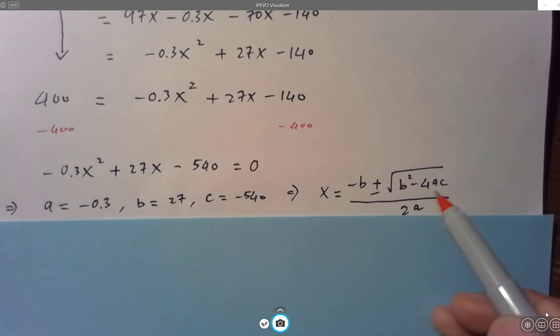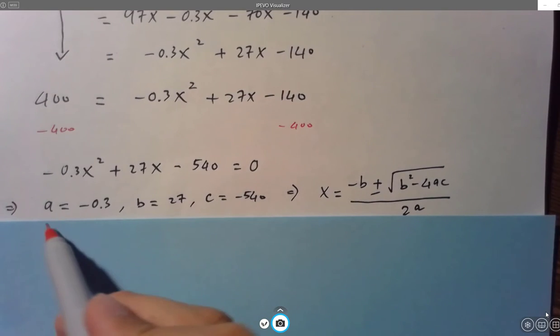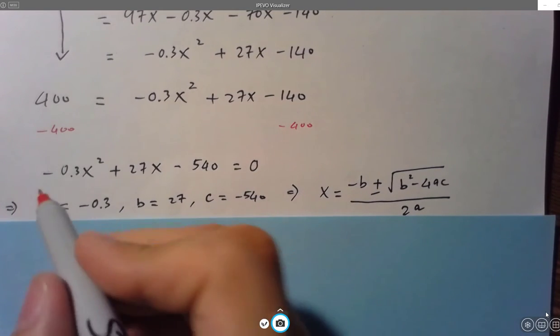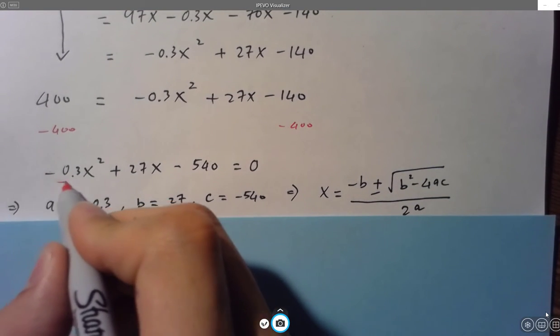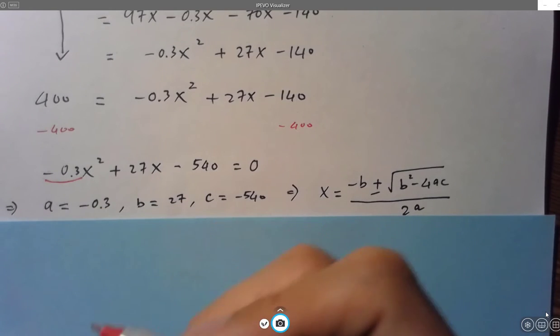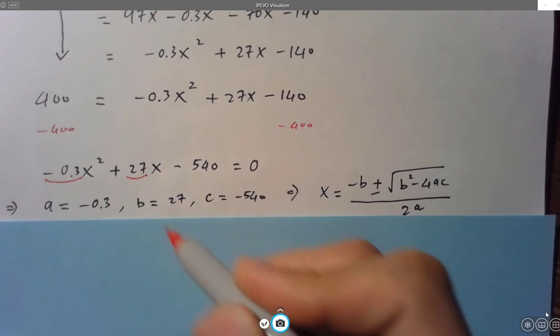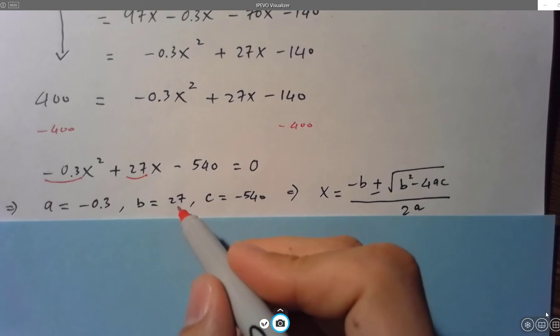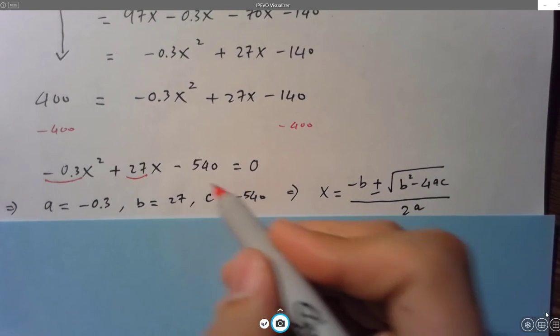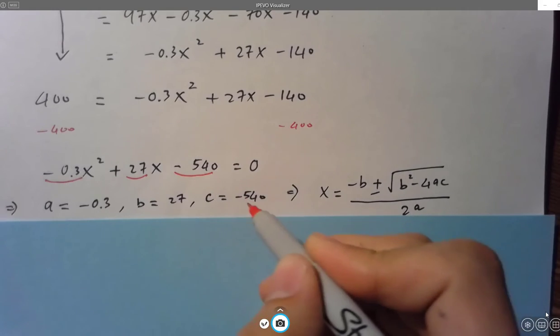We know that a is the coefficient in front of the x squared, which is minus 0.3, b is the coefficient in front of the x term, which is 27, and the constant, minus 540, is c.